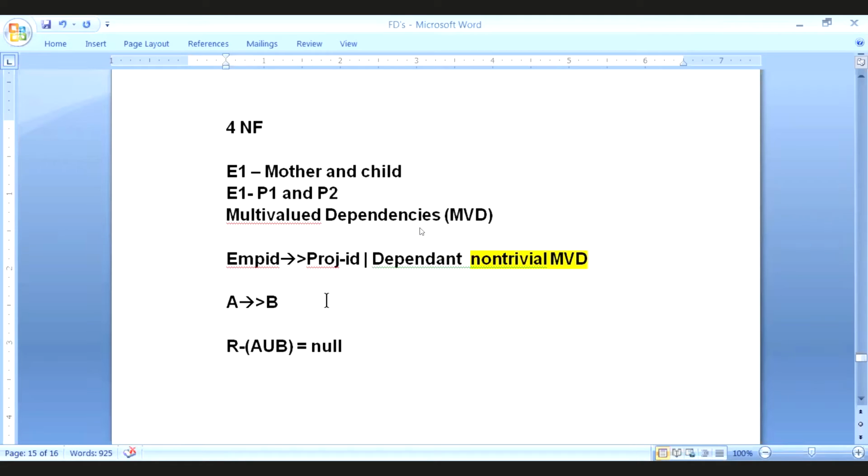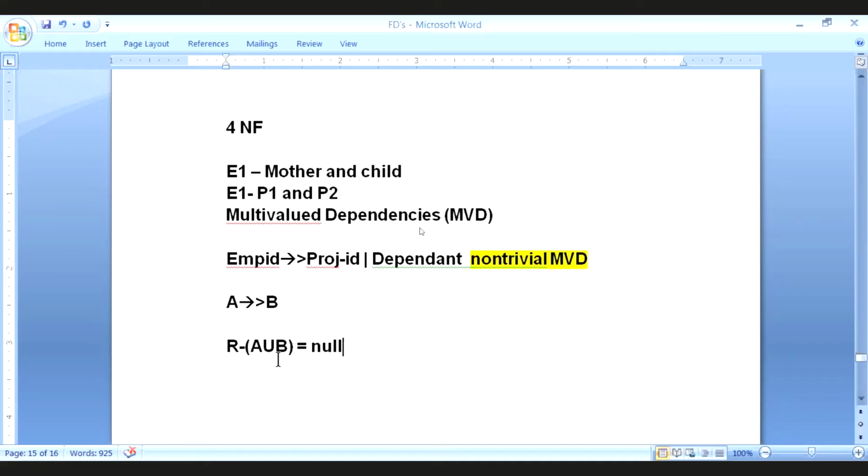What is the meaning of this? When R minus A union B, where A is an attribute, B is another attribute, and R is the relation which has these attributes. When I take A union B and subtract those two attributes from the relation R, I get null. So what is the implication? The implication is there are only two attributes. Who are the two attributes?